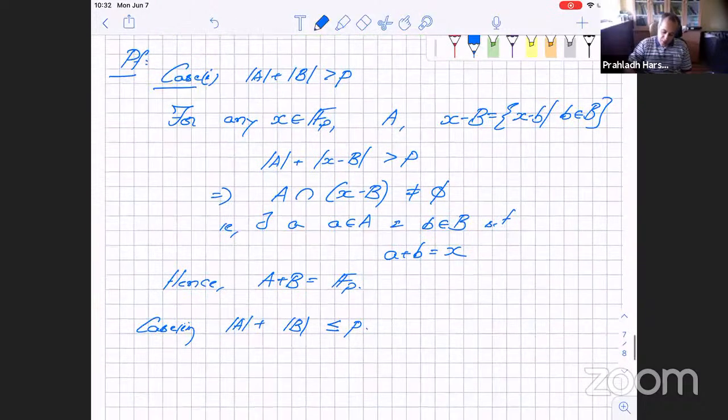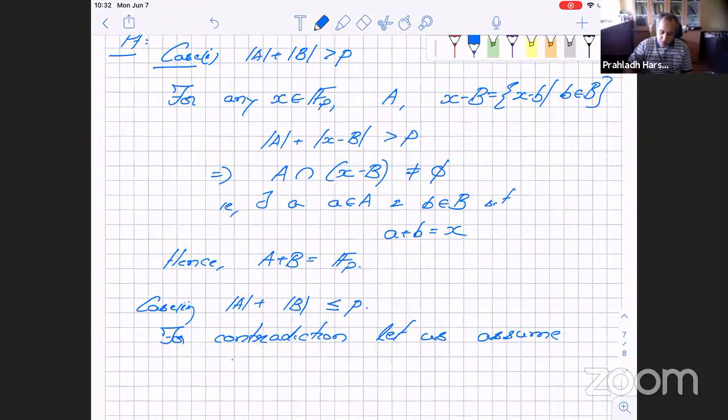Okay, so for contradiction, let's assume the size of A plus B is less than or equal to size of A plus size of B minus 2, a number smaller than the bound.